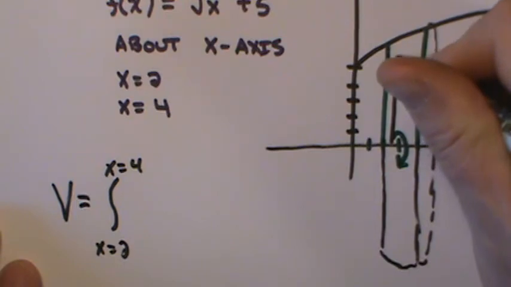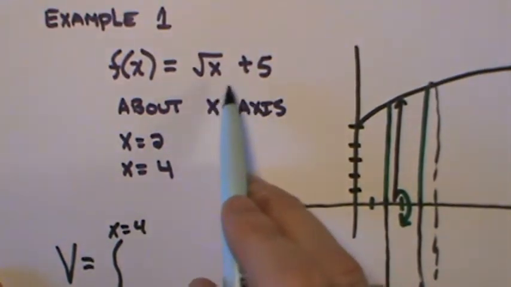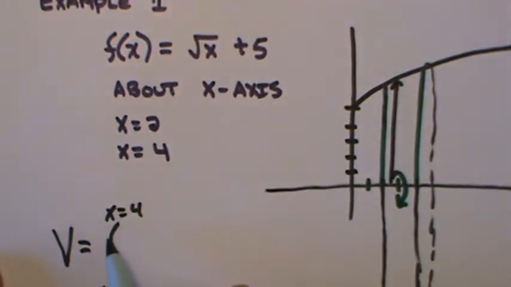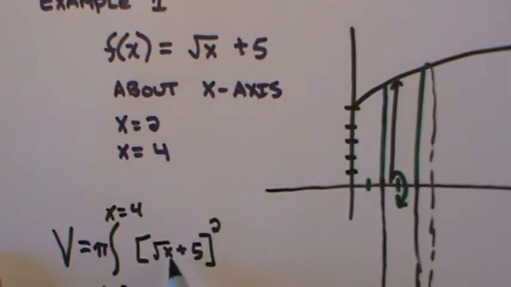That's going to be that length going all the way up here. So it's going to be this function right here that I have to square. So I'm going to take my pi, I'll put that on the outside. It's just a number, so I'm allowed to pull the pi out. I'll take my function, I'll call it rad x plus 5, that gets squared. That's my pi r squared.